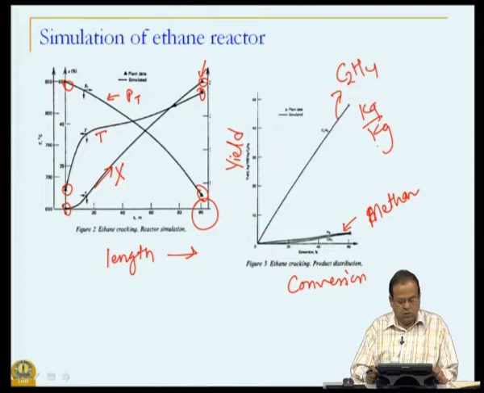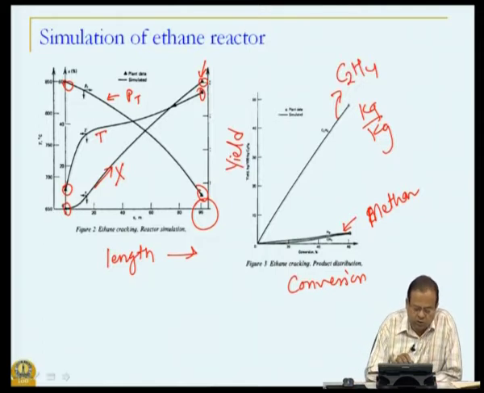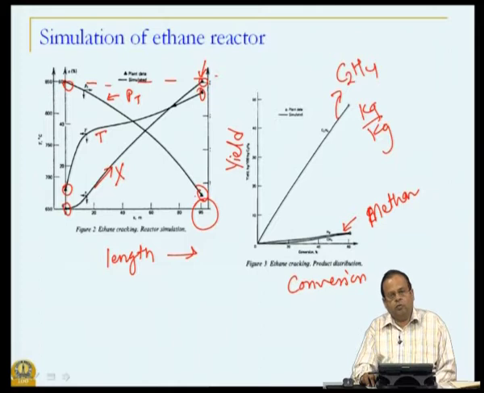Okay. So, this is as far as the design of an ethylene reactor is concerned. What we saw here is basically a homogeneous reaction, so not much to be expected in terms of transport, but still transport is indeed important, because if you look at this simulation, if you had assumed constant pressure, you can imagine how much the results would have been off, because your pressure is actually decreasing by more than 50%.